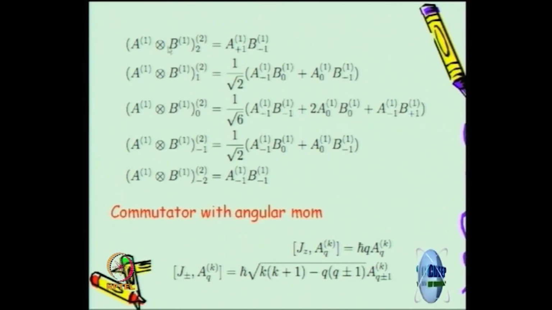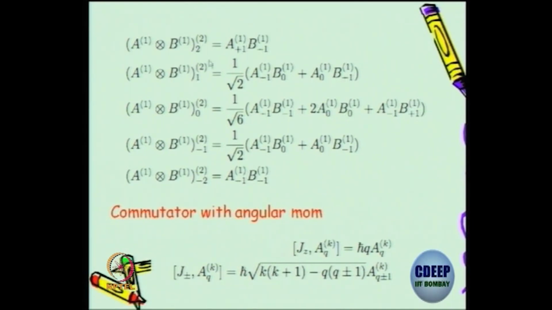Take a tensor product of two vectors, two irreducible tensors of rank 1, A and B. The 2 component is trivially taking the square, as we saw in the position. Here it's taking the stretch state components. Take the 1 component and the 1 component, just multiply them and that is what will give you the 2 component.